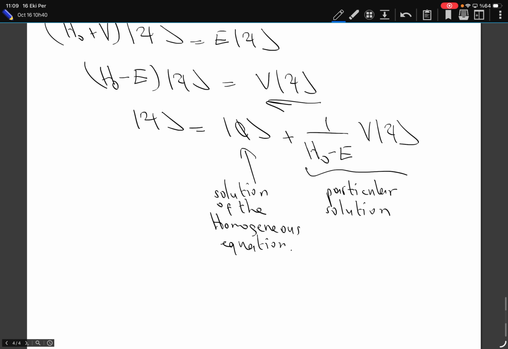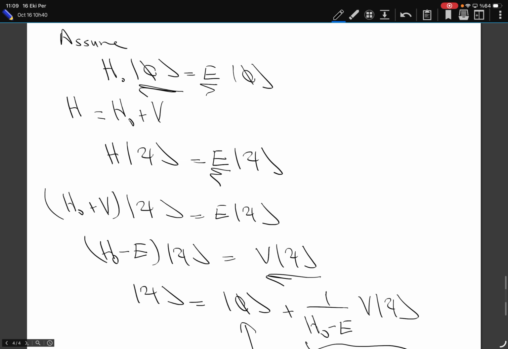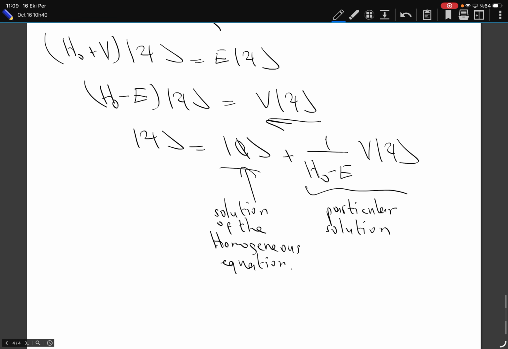Well, how did I choose the homogeneous equation? Well, I imposed an initial condition or boundary condition saying that if V is equal to 0, my solution should reduce to this wave function, this solution. So that's why I have the phi over there.